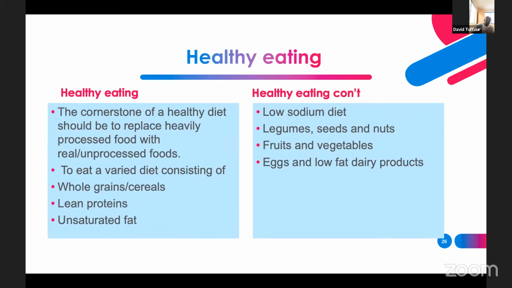Okay, when I say real, I mean food that hasn't gone through the mill or hasn't gone through heavy processes to change it from one form to another. A complete change. Also, to eat a varied diet consisting of whole grains and cereals, lean proteins, saturated fats, low sodium diets, legumes, seeds and nuts, fruits and vegetables, eggs, and low-fat dairy products.